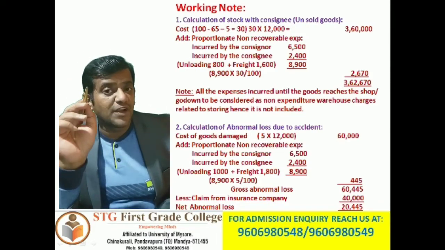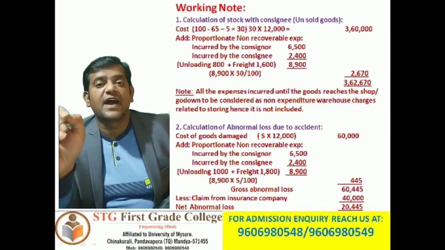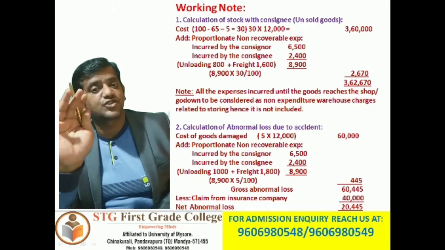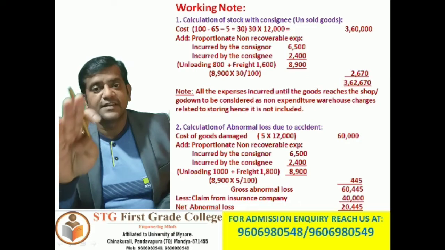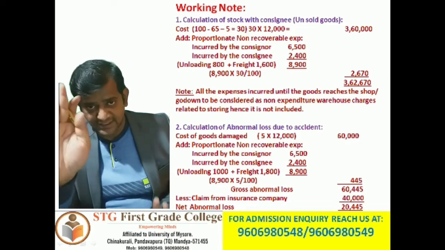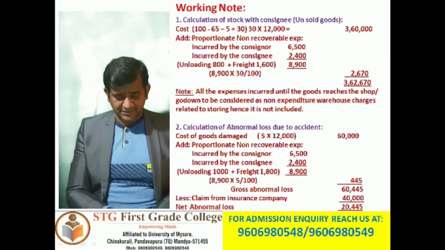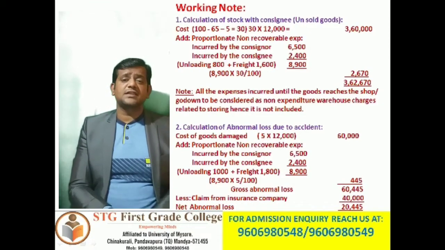Out of which how many mobiles have sold? 65. So minus 65. How many mobiles have met with an accident and damaged? 5. So minus 5. So 100 minus 65 minus 5 equals 30. So 30 mobiles have not been sold by the consignee. That is unsold goods, that 30 mobiles.